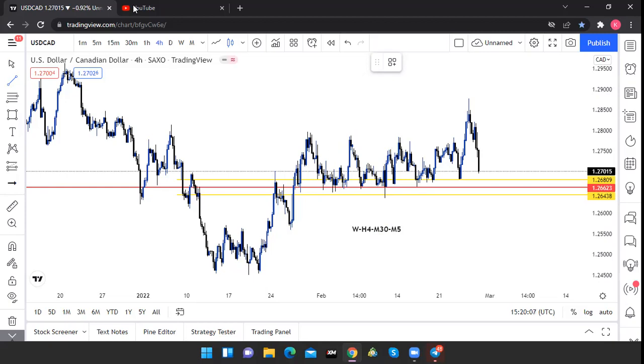Betul. So bila kita tunggu breakout price, so actually kita tak payah marking key level pun, betul? Kalau boleh kita tanda lah, sebab dia akan ada beberapa level tau. Dan price maybe dia level yang kita tunggu dia tak sampai, dia boleh jadi miss.